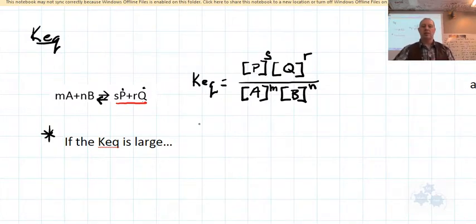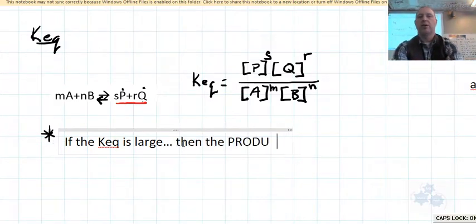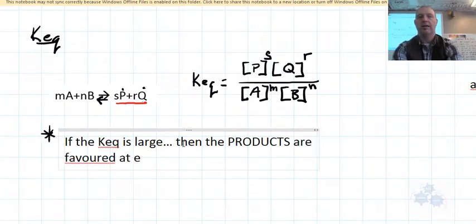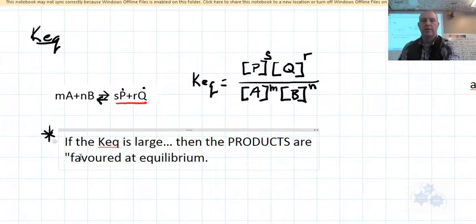Because if the KEQ is large, and you want to write this down in your notes, then the products are favored at equilibrium. I'm going to talk about favored here.